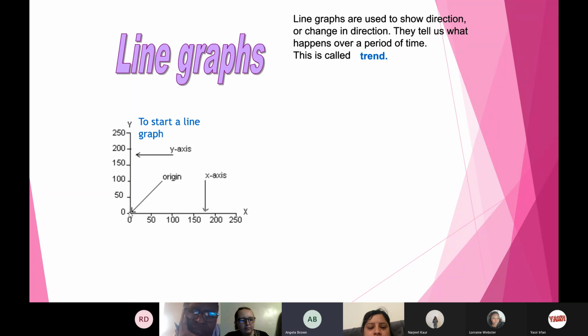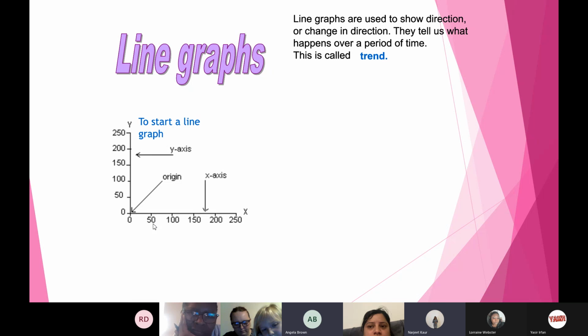We have 0 always as our origin, and then we always use our lines, the spacings between the graph, where we space it equally on both sides. Where it's different from a bar chart, we do not put our labels in between.